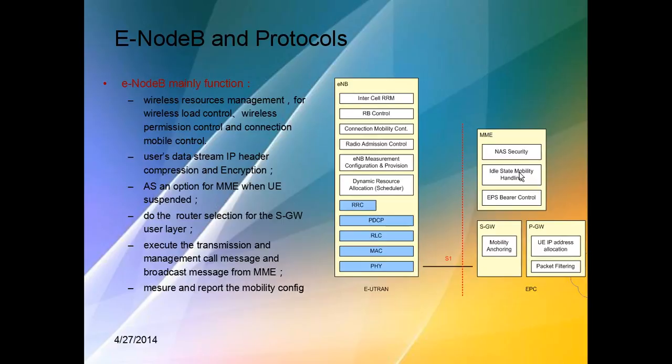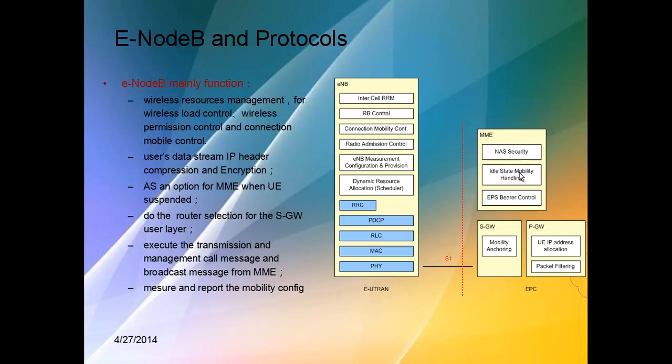The eNode B's main function is wireless resource management: wireless load control, wireless admission control, and connection mobility. It involves the protocols in the eNode B base station and the connection between the station and the core.